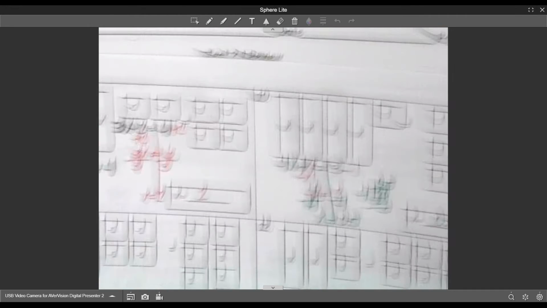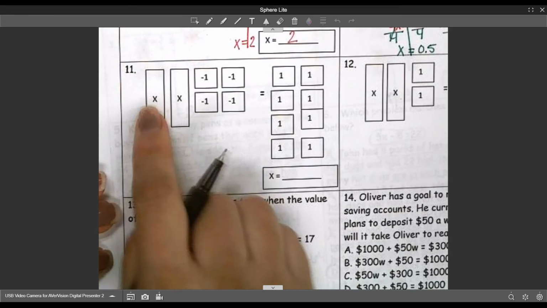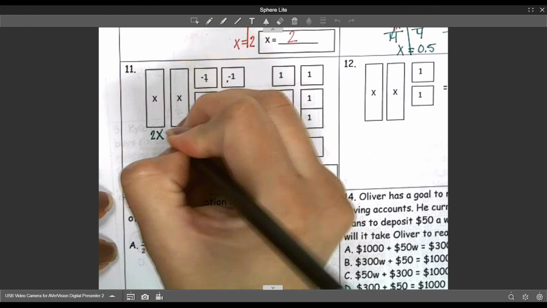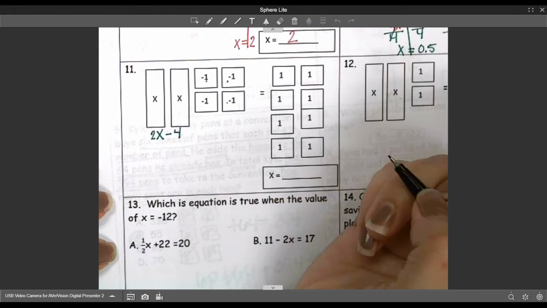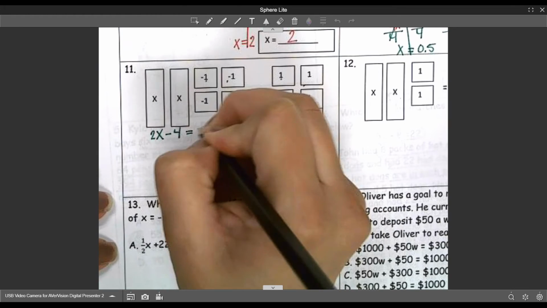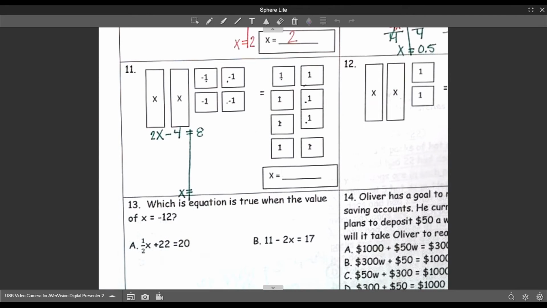Number 11. How many X's do we see? 2. They're positive, and then 1, 2, 3, 4, minus 4 because they're negative, equals 1, 2, 3, 4, 5, 6, 7, 8. What do I get rid of first? Very good. I get rid of the negative 4 by doing what? How do I get rid of that negative 4?